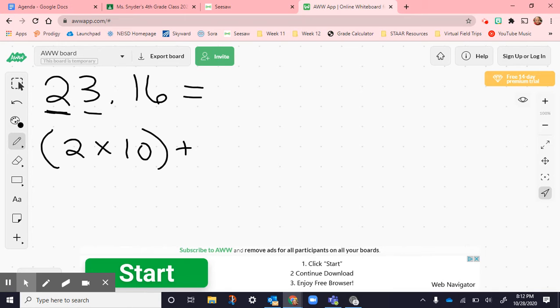So the next digit's 3. I'm going to open the parentheses. I'm going to write my 3 times, the 3 is in the ones place. Close the parentheses. Plus, go to my next digit, 1. Open up the parentheses. I write down that digit. And then same thing, I'm in my decimals now, so I'm going to write the place. The place is the tenths.